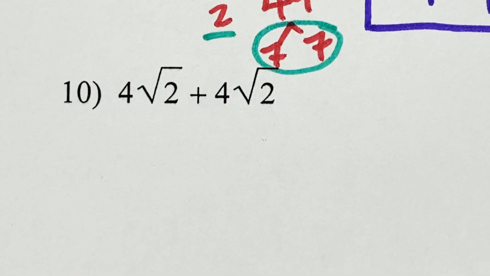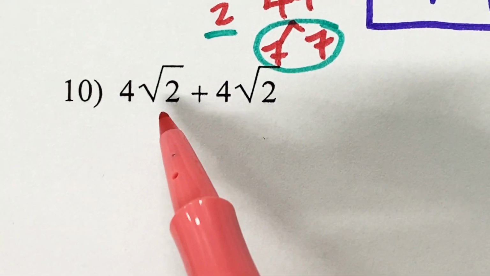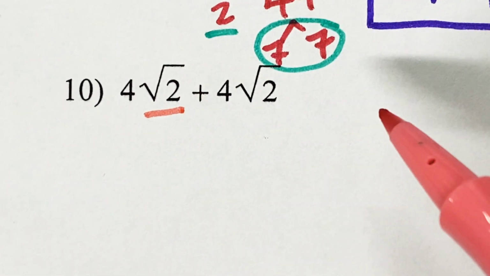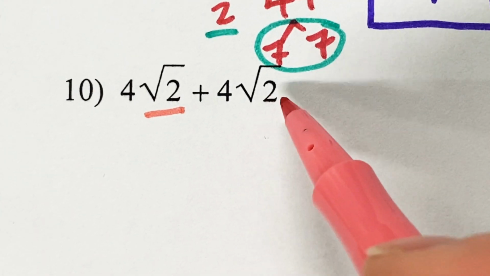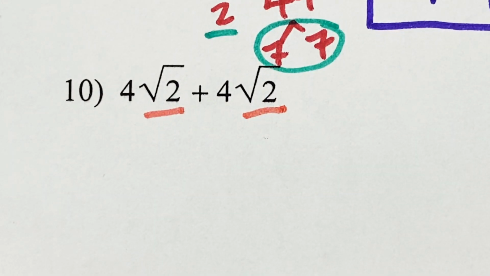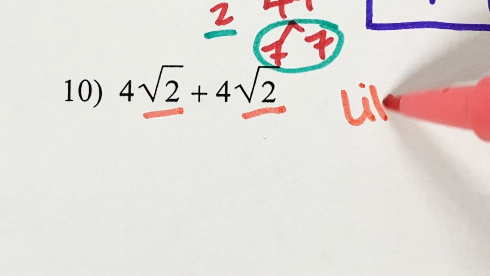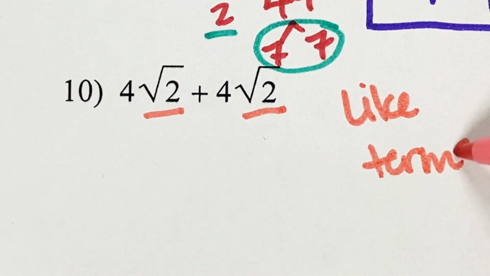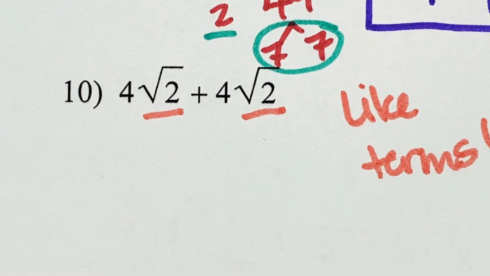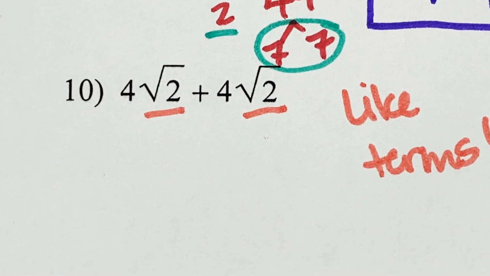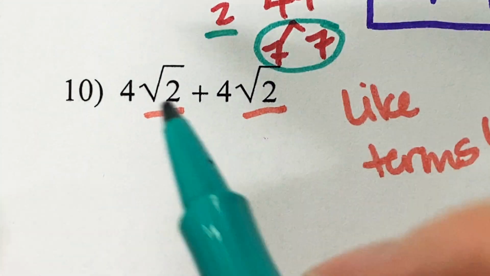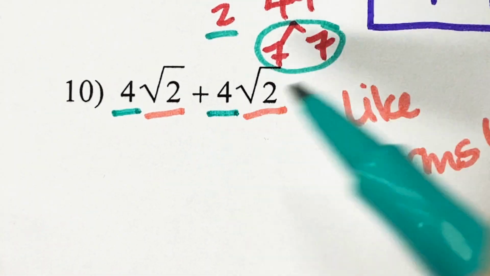Okay, so we're going to look. So in my first one I have root 2. My second one, I also have root 2. Okay? Since they are the same, these guys are like terms. They have the same number inside their radical. Okay, so now all we have to do is look at their coefficients. Super simple. Okay, we look at this 4 and we look at the 4.